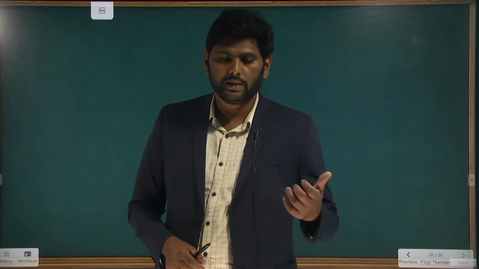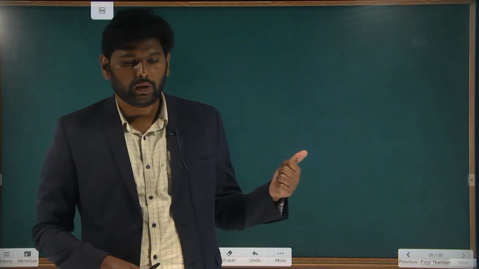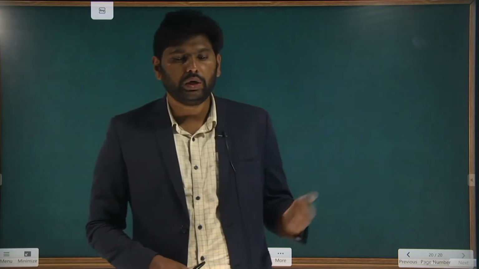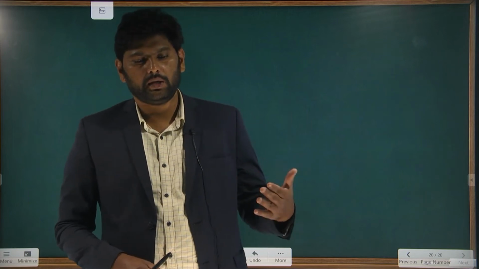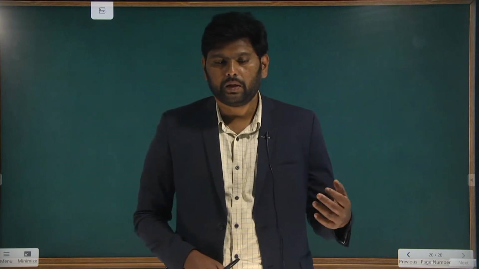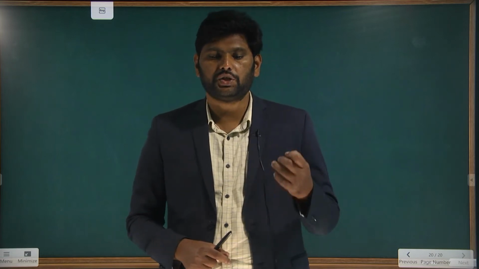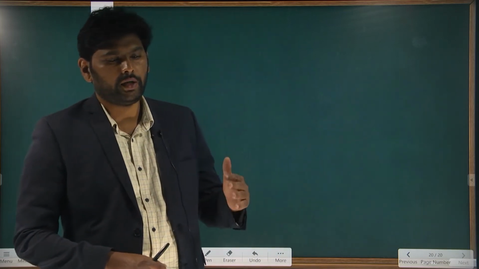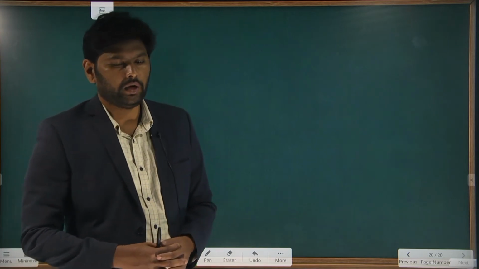One is the pith ball electroscope, and the next one is the gold leaf electroscope. How do these electroscopes work, and how can we use them to identify whether a body is charged or not?